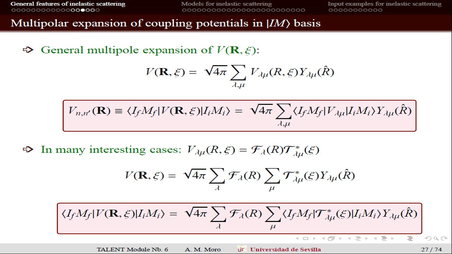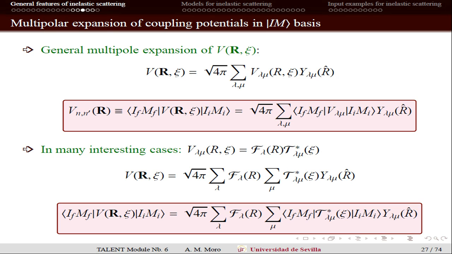Okay. In many cases, one can go a step further, and these V coefficients that depend on both the modulus R and the internal coordinates can be factorized in terms of one factor that we will call the form factor, F, times some tensor, some object here, depending on the internal coordinates.